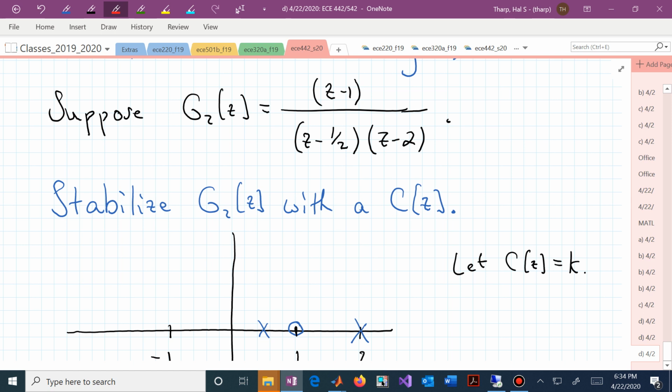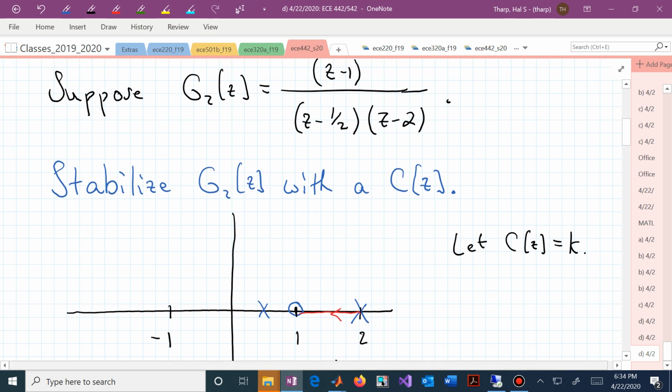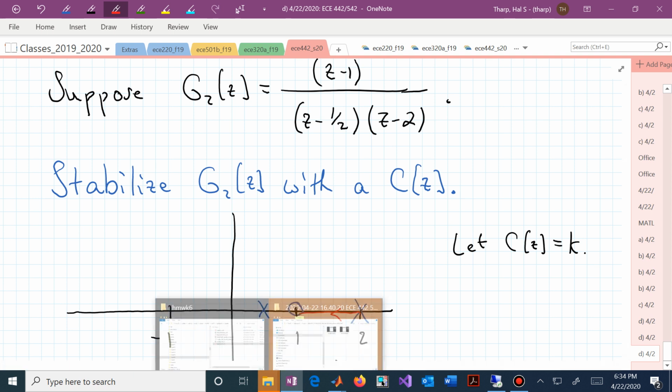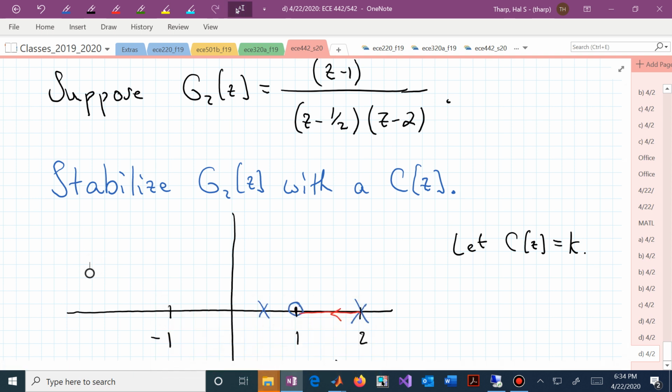Now we invoke rule 2, I believe, which is now which of these line segments belong to the root locus. This line segment, so that pole will migrate to that 0 at 1. The line segment between 1/2 and 1 is not belonging to our root locus because there's an even number of poles and zeros to our right. And we now have this real axis segment on our root locus.